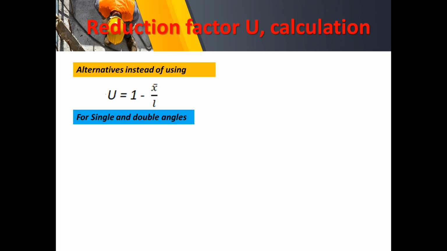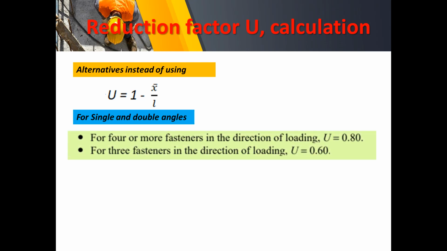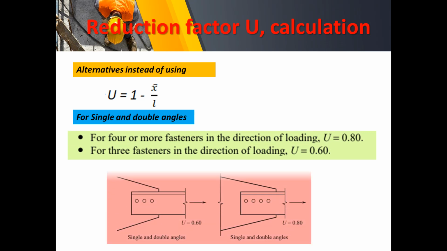For single and double angles, we have two conditions. For 4 or more fasteners in the direction of loading, we should consider U is equal to 0.8, while for 3 fasteners in the direction of loading, our reduction factor U will be equal to 0.6.